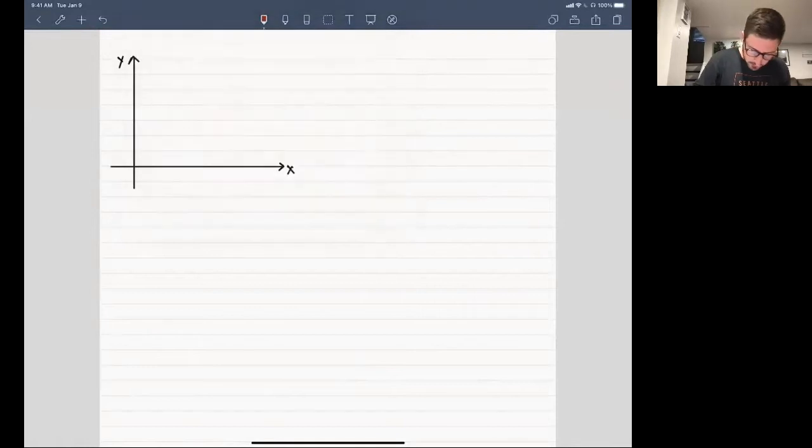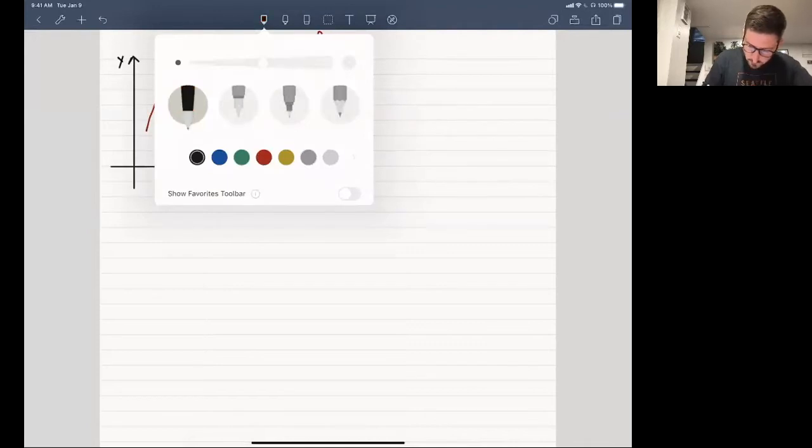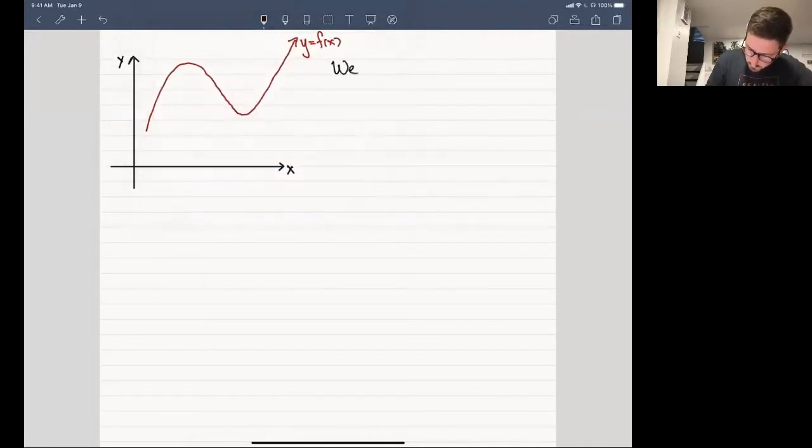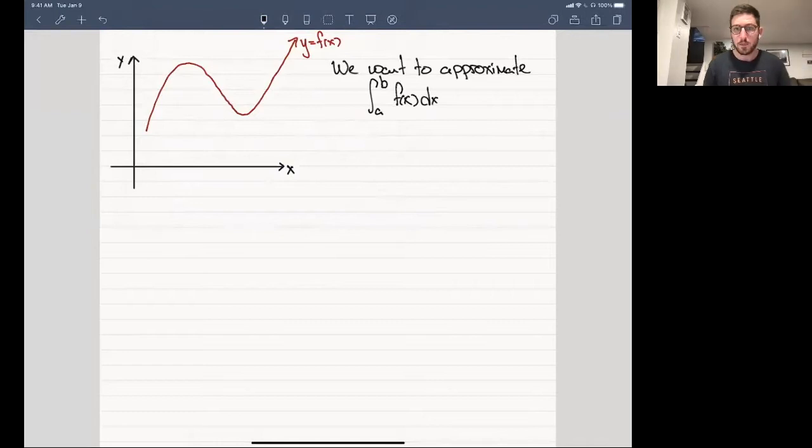So let's suppose I have a function that might look like this. So maybe something that looks a little bit cubic. And we want to approximate the integral from a to b of f of x dx.